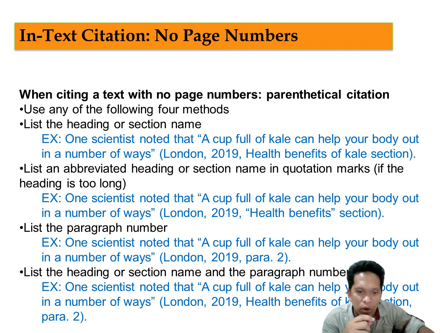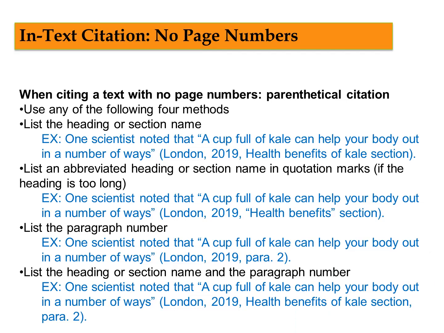So you have an example below. If the heading is too long, use the abbreviated one. Or third, use the paragraph number. Simply put para, then period, then the number. Or fourth, use the heading or section name and the paragraph number. See there. I hope you can see it.